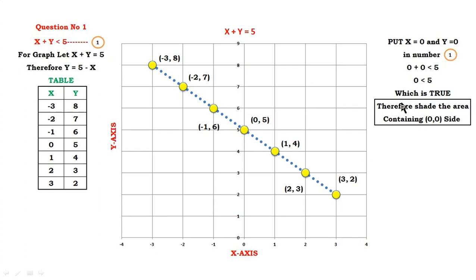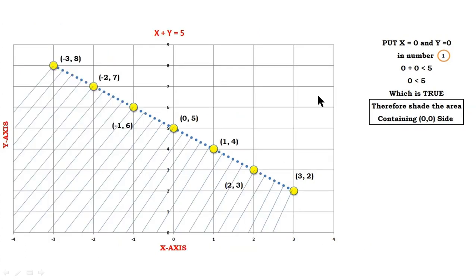Second, you have to insert 0, 0 in the inequality and check whether the statement is true or false. If the statement is true, shade the region where 0, 0 lies, otherwise the other side. Like this. 0, 0 lies in this region, so you have to shade this region.